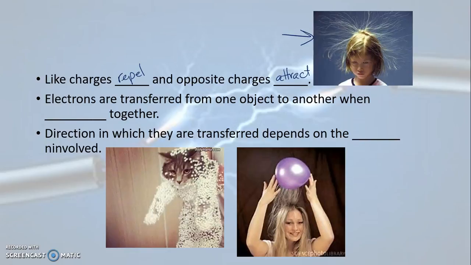And those electrons don't want to be close to each other. They want to repel from each other. And that's what makes your hair stand up on end like this, because they repel each other because of the same charge. Well, why does your hair then stick to your clothes and your skin and everything? Because your skin and your clothes now have that positive charge, and since there's opposite charges there, positive and negative, they want to come together.